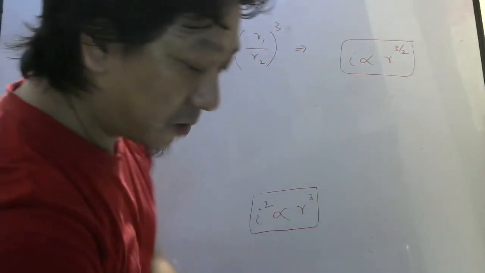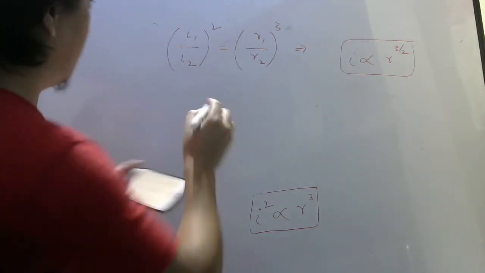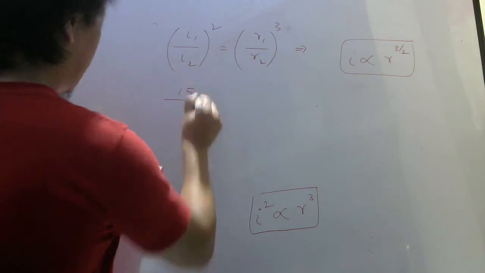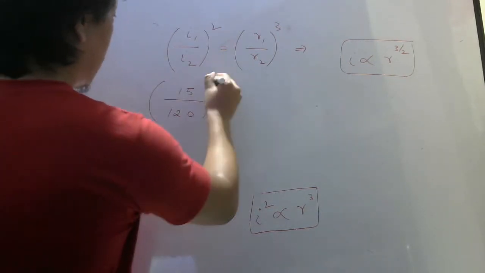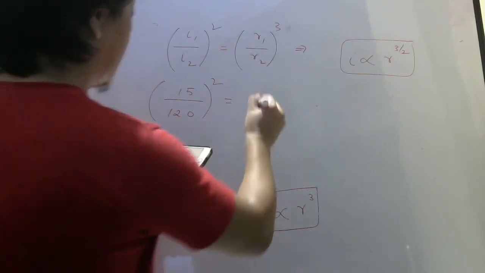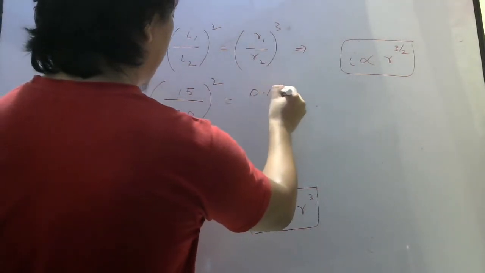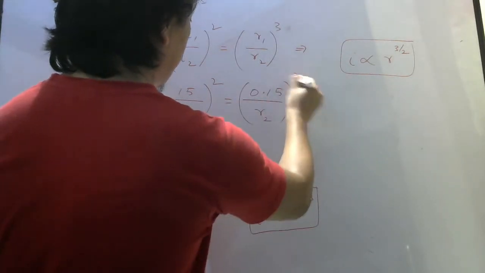So this they can also ask. Okay, so here, what is the first current? First current is 15 ampere. Second current is 120 square. Radius of the first case is 0.15. Second is R2 cube, right?